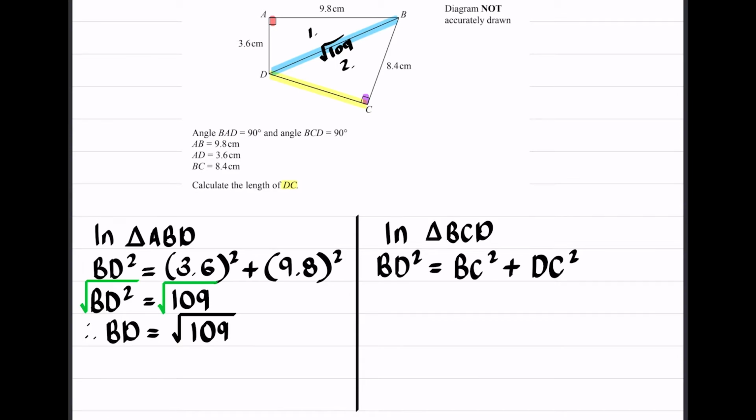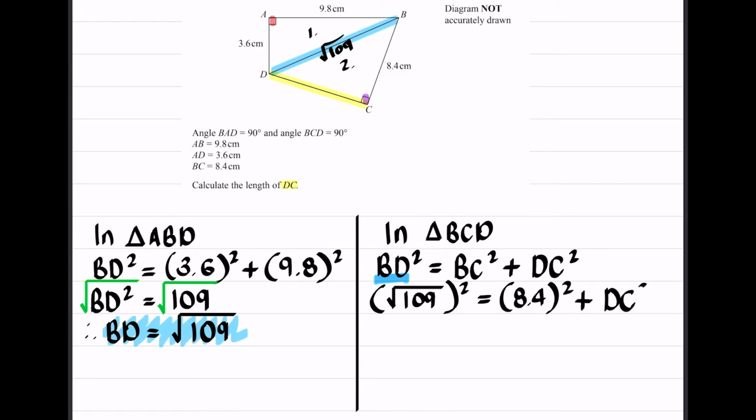Now I'm taking BD from over here and replacing it with the value that I've said BD is. Remember with substitution, we substitute with brackets. It's going to help you not lose this square root sign at first. So BD, which is the square root of 109 squared, is equal to BC, which is 8.4 squared, plus DC, which is what we're looking for, so it stays as DC squared.